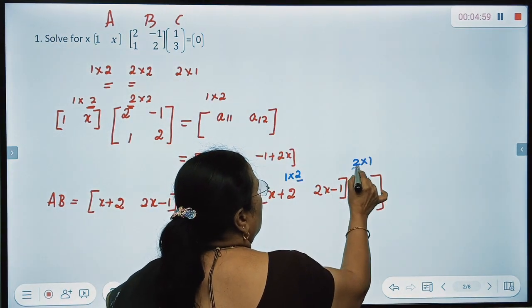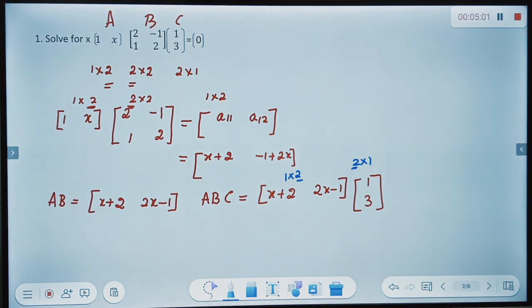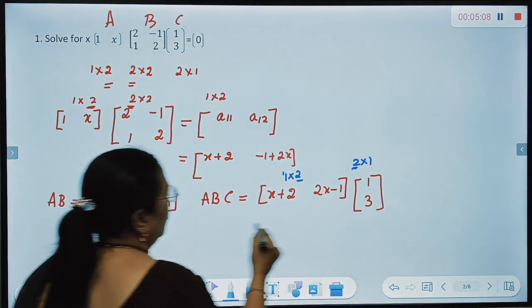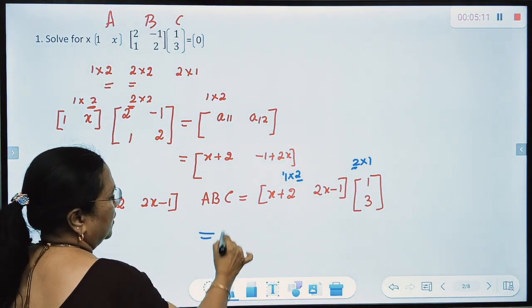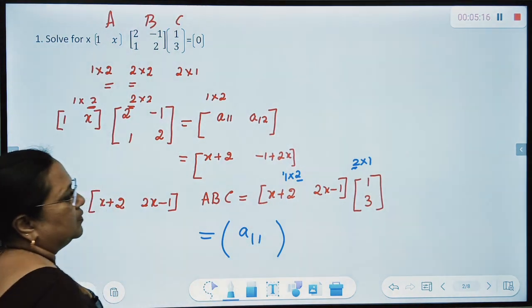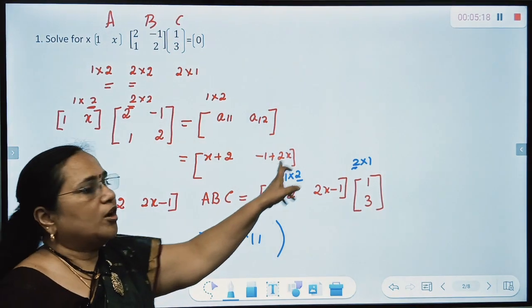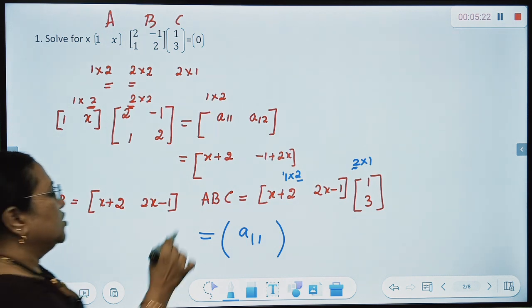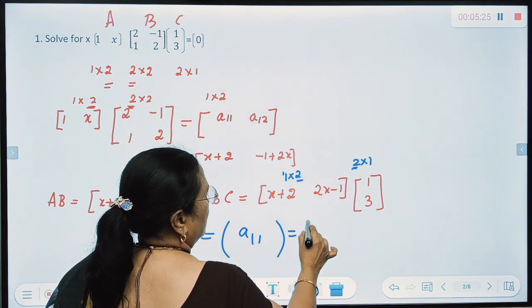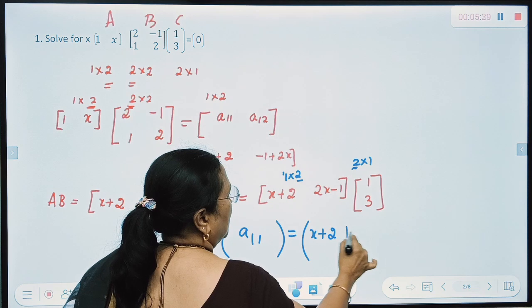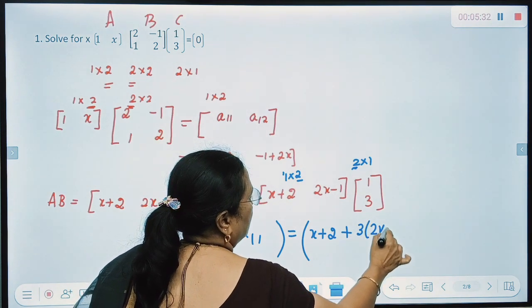So these two numbers are one and the same, so multiplication is well defined. What will be the output? Output will have just one element, 1 by 1, because it has to have order 1 by 1. That means it has got one row and one column. So what is this element now? This is 1 into x plus 2 plus 3 into 2x minus 1.